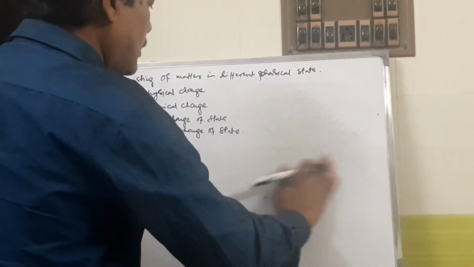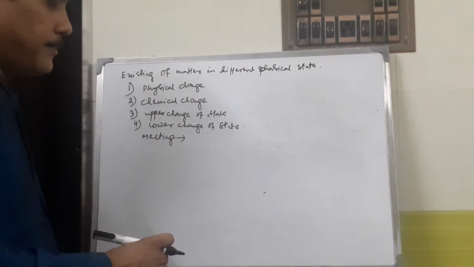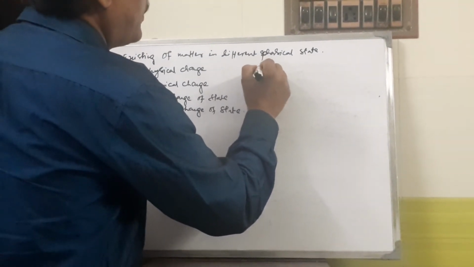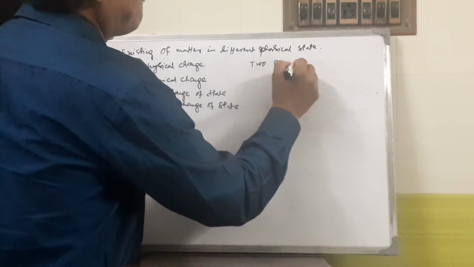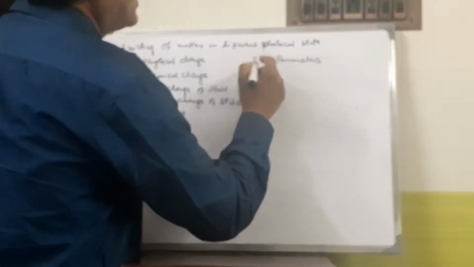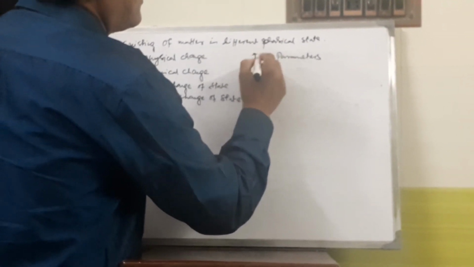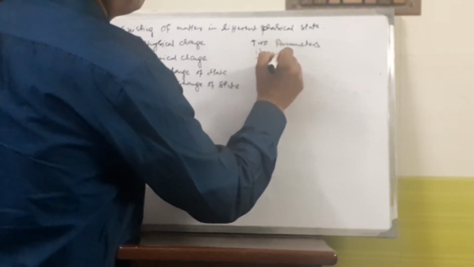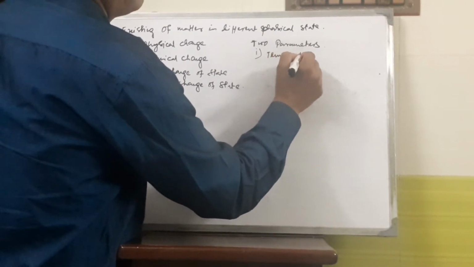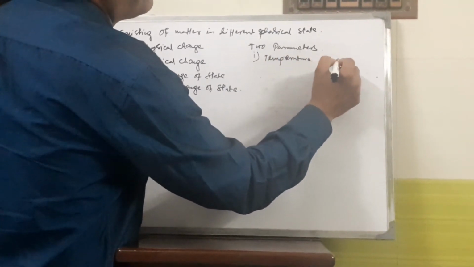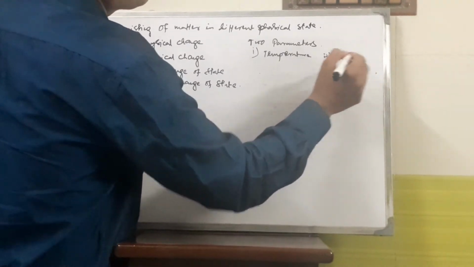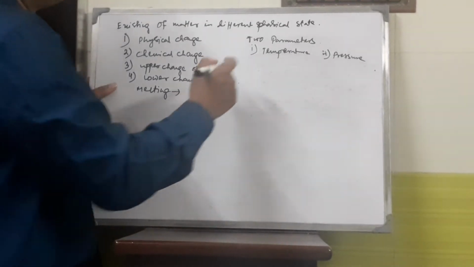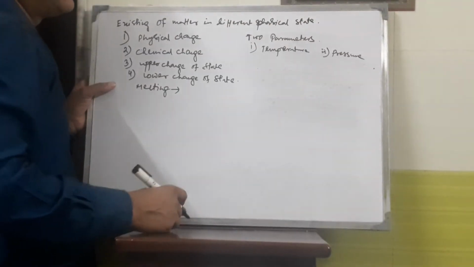Now we will start discussion regarding melting. Already we have discussed two parameters. Number one is temperature. Number two is pressure. These are the two main criteria which control the physical change of state of a matter.